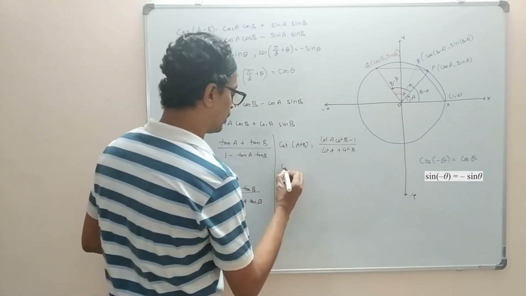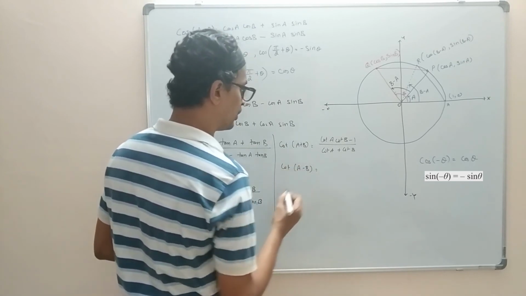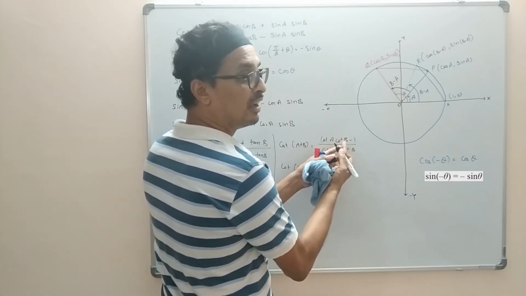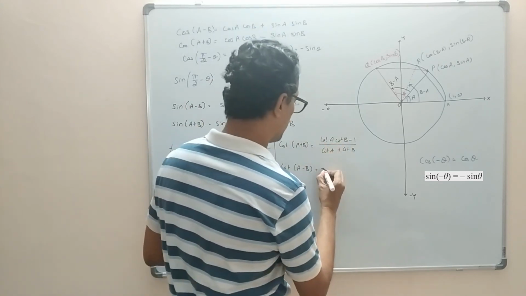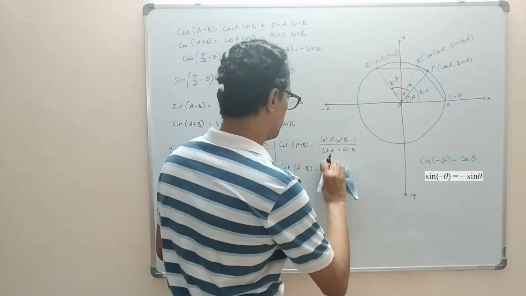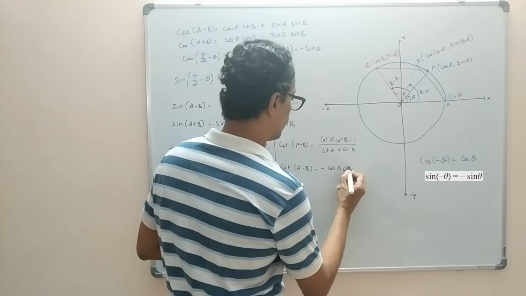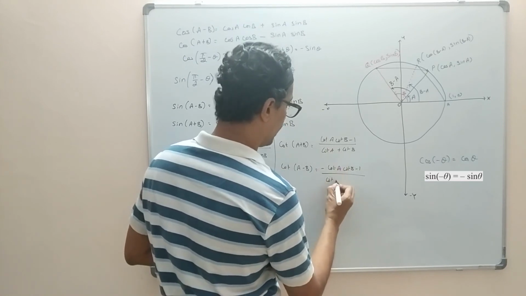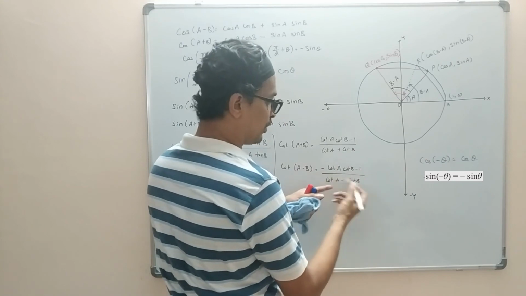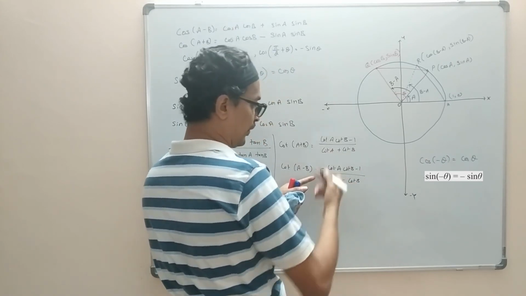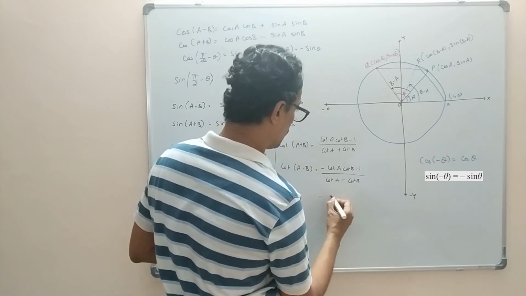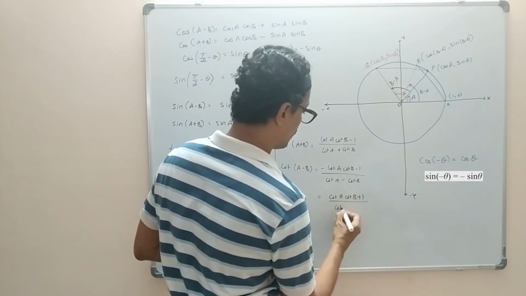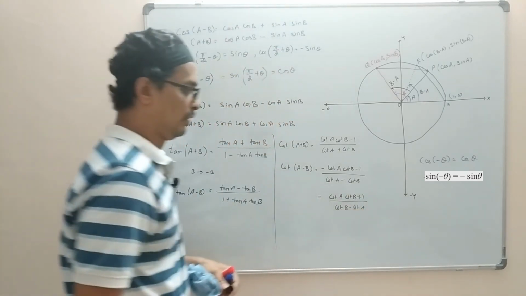Cot (A minus B) will be equal to, just replace B with minus B. So when B becomes minus B, this is going to be minus cot B. So we are going to have minus cot A cot B minus 1 divided by, this is cot A minus cot B. If I take the minus commonly outside, here also minus outside, if it gets cancelled, it's going to become cot A cot B plus 1 divided by cot B minus cot A.